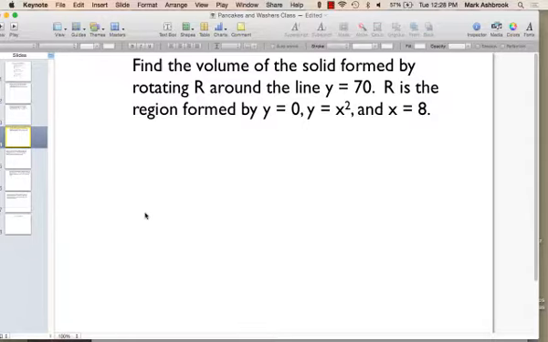So sketch it out again. Sketch the line y equals 70, and then do your best to sketch the solid that we're going to get. See if you can come up with it. So sketch the region, sketch the solid.